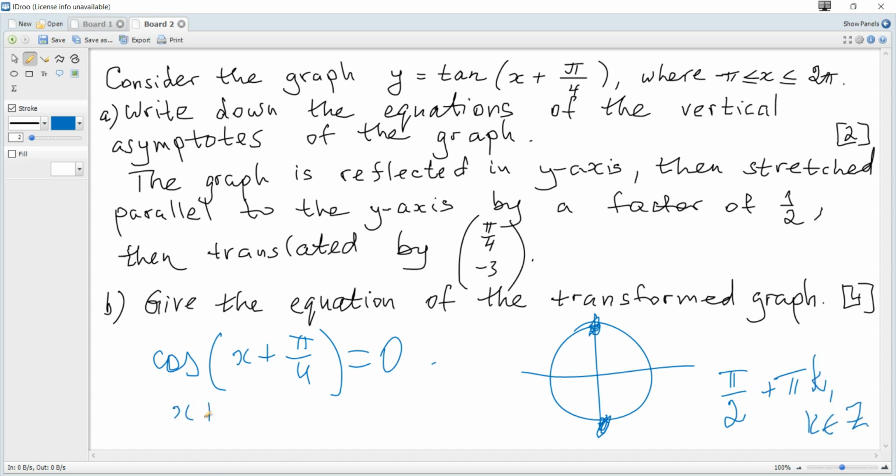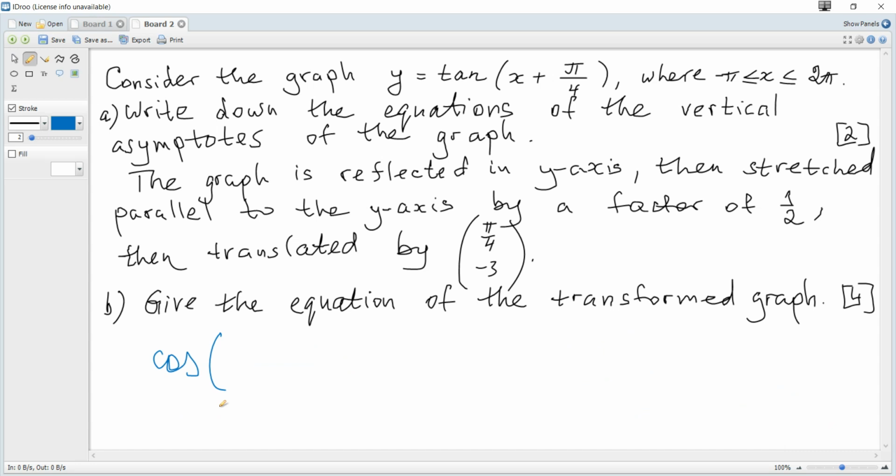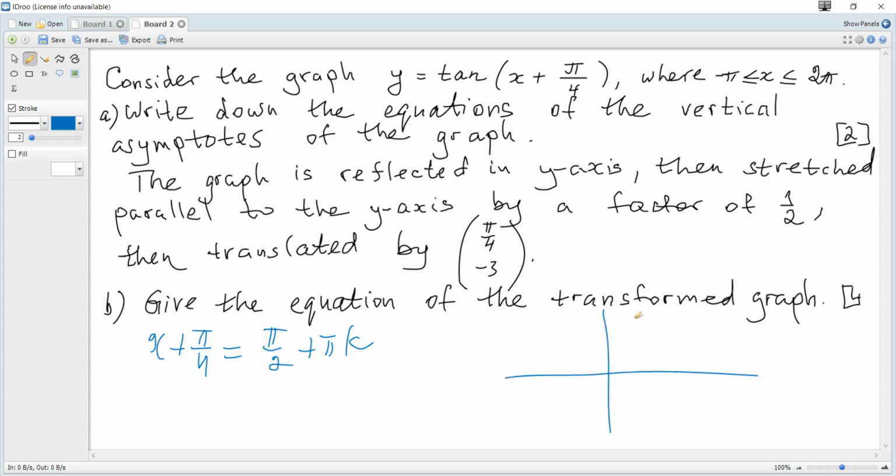So x plus pi over 4 is pi over 2 plus pi k. You can also get this result if you just consider a graph of tangent of x.